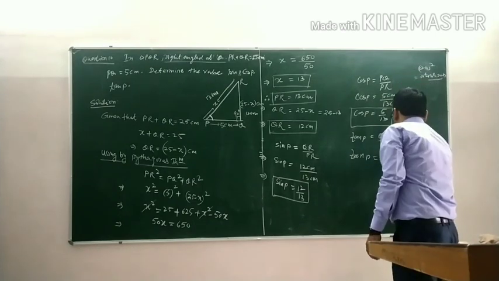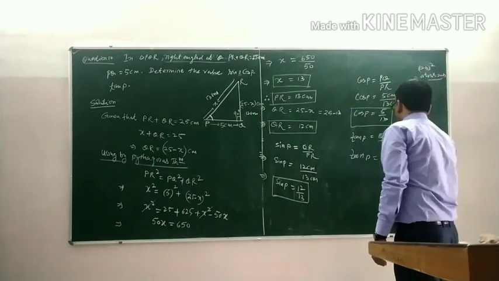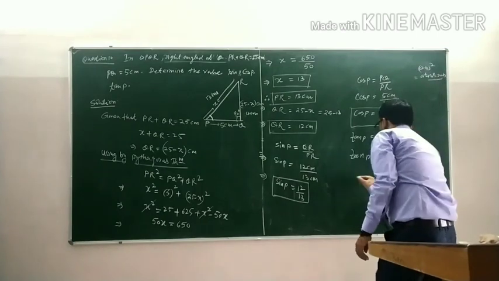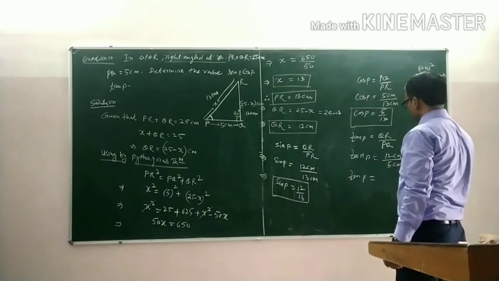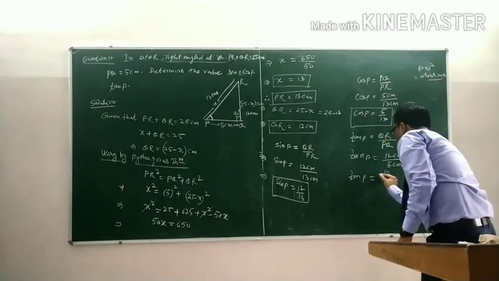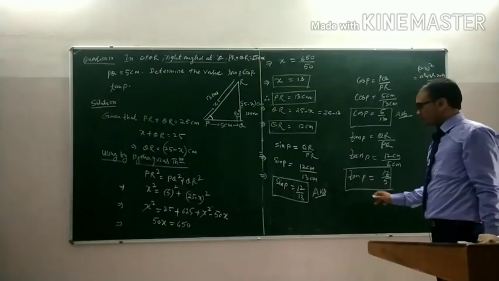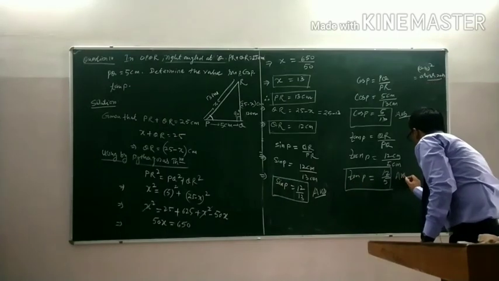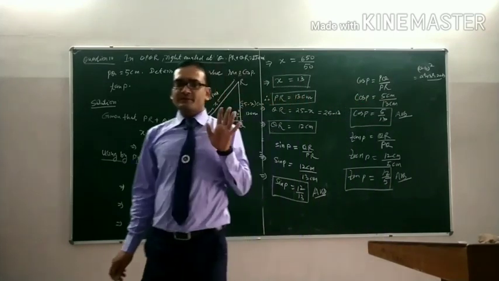QR is 12 centimeter and the value of PQ equal to 5 centimeters. Then tan P equal to 12 by 5. Okay student, you understand?